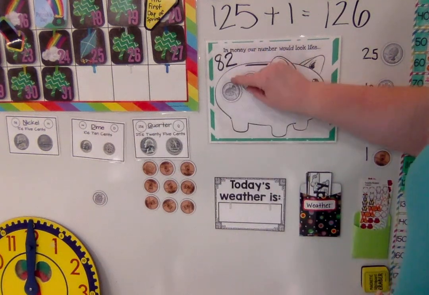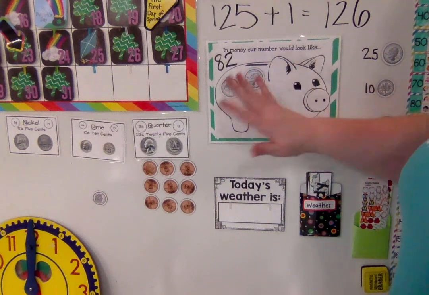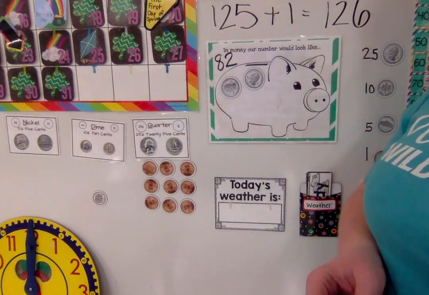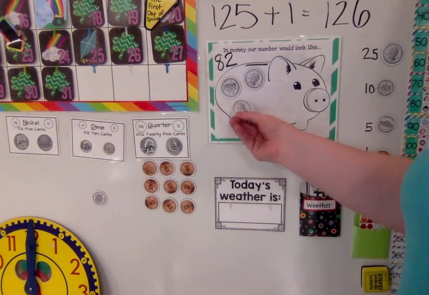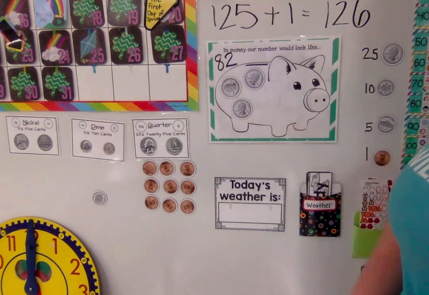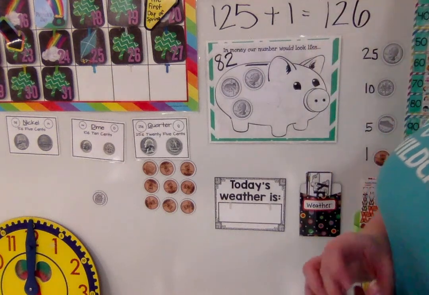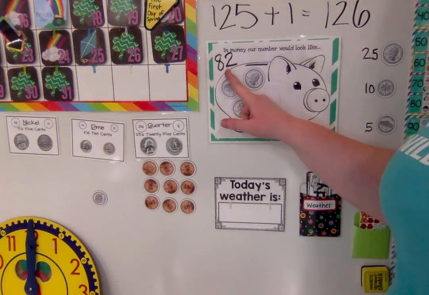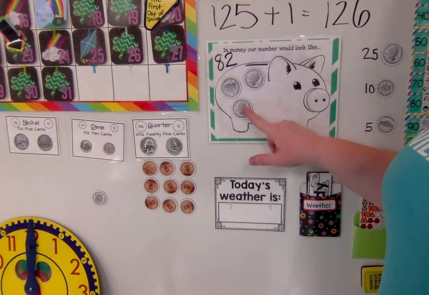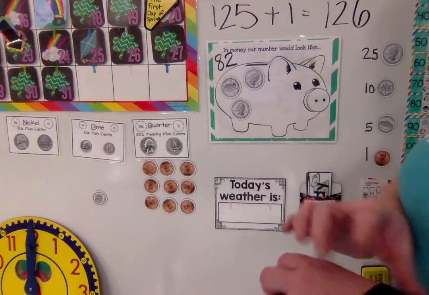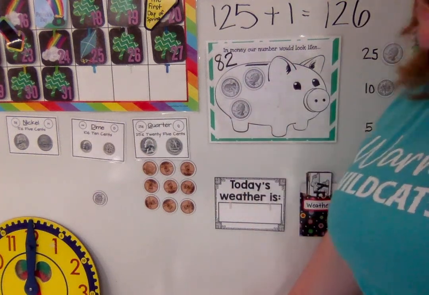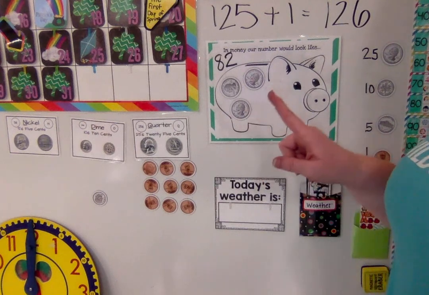2 quarters gives us 50 cents. What does a third quarter give me? 75. Is that more or less than 82? Less, so we're still good. We can use 3 quarters, so 75.